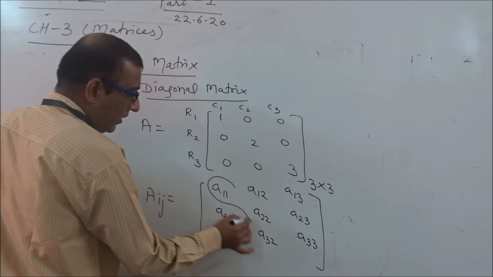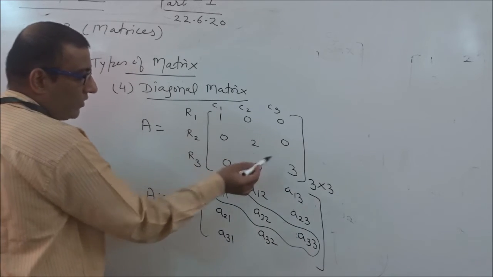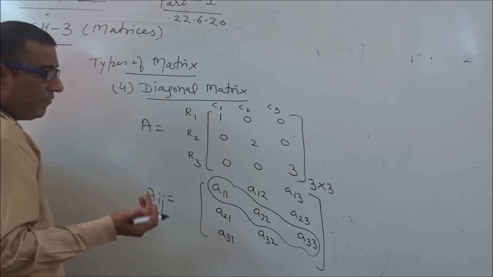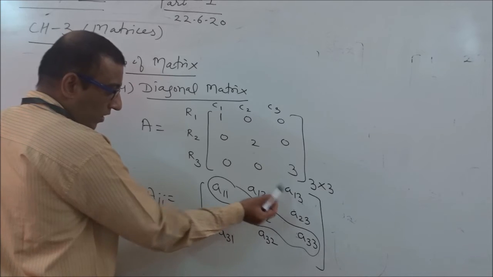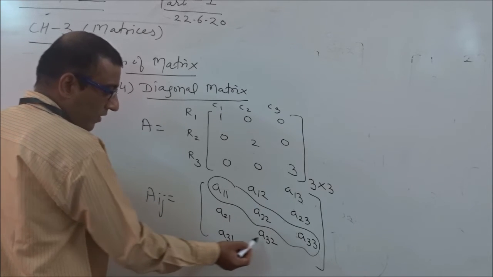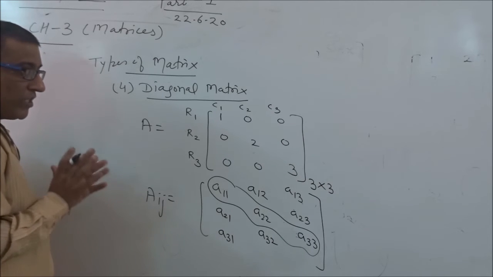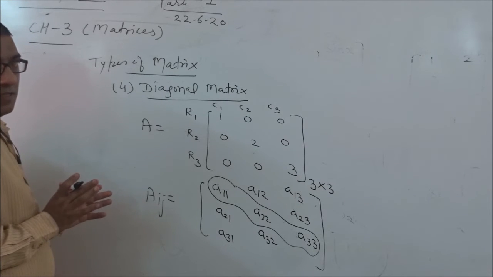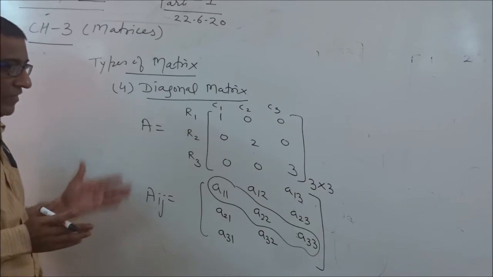If you see here, these are the diagonal elements and their values are 1, 2, 3. Their values are any real number. But the other non-diagonal elements, for example A12, A13, A21, A31, A32, all these are non-diagonal elements and their values must be equivalent to 0. Then we can say that type of matrix is known as diagonal matrix. This is 3 into 3.